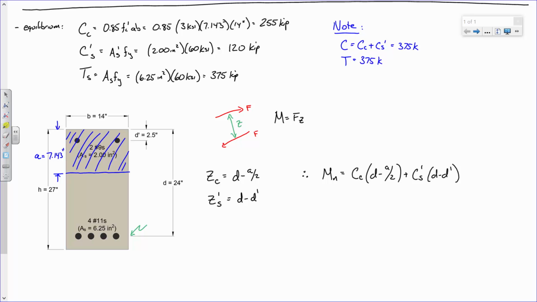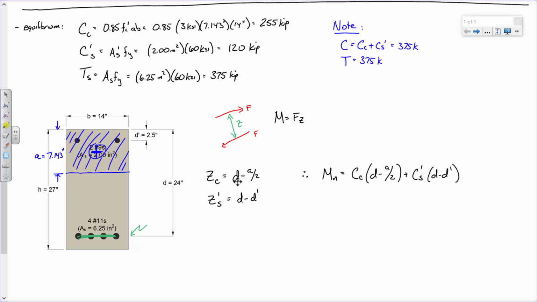So Zc, okay, so here we go. Remember, we're summing our moments from this lower layer of steel down below, right? So here, let me erase this real quick. Let's say that this cross right there represents the center of the compressive force in the concrete.